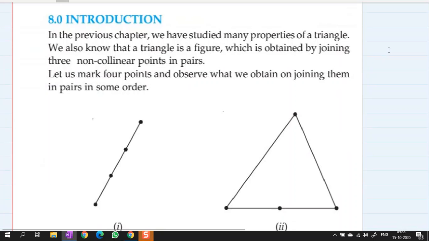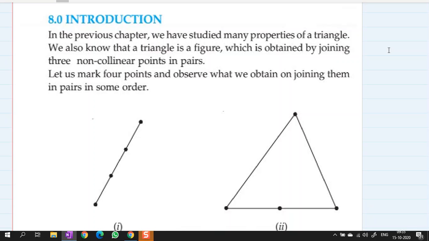So we have studied in the previous chapter, we have started with geometry already, and you know a lot of things regarding triangles, lines and angles. We also have studied congruency in detail. So studying quadrilateral will be quite simple because you already know so many things about geometry, theorems, proofs, congruency. So quadrilaterals is on the same line.